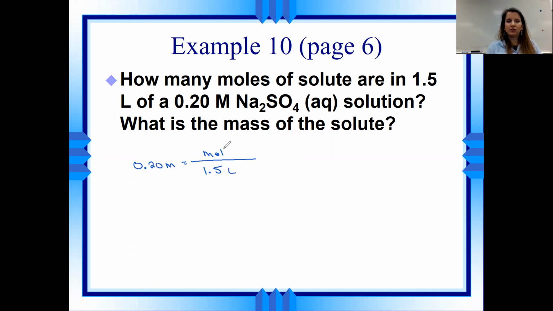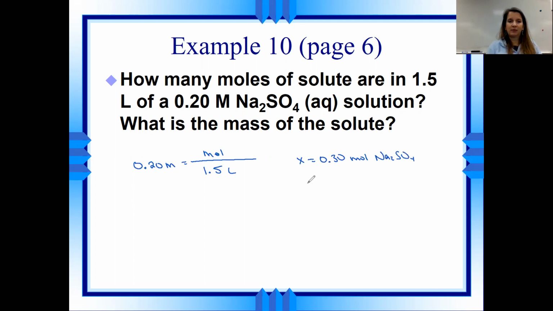Now, in order to solve for my moles, my X, I'm going to have to multiply my molarity by my liters to get X by itself. So I've got 0.2 times 1.5. That means I've got 0.30. So that's the answer for the first question, 0.30 moles of Na2SO4.